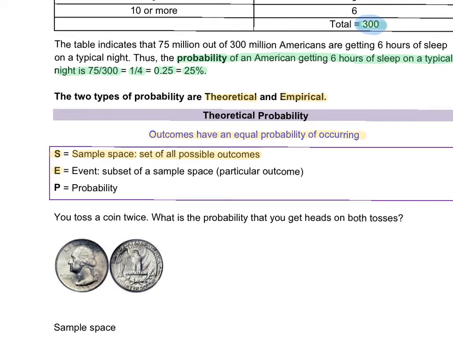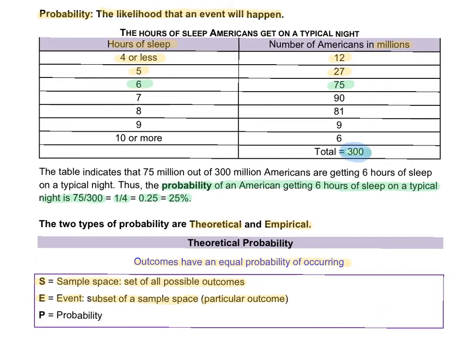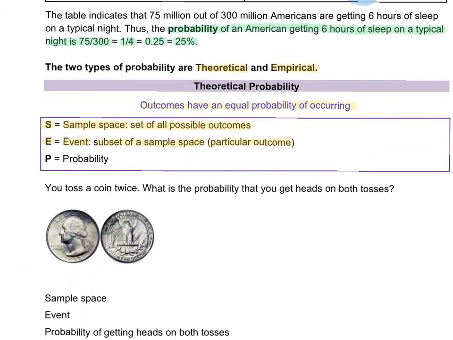Our event is a subset of our sample space. But it's a particular outcome that we're looking at. In our case, we're looking at the 75. That was our event. If you see a capital P, that usually stands for probability.